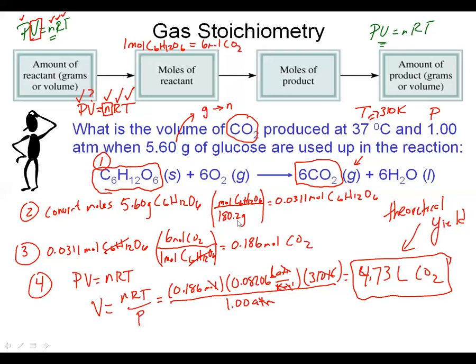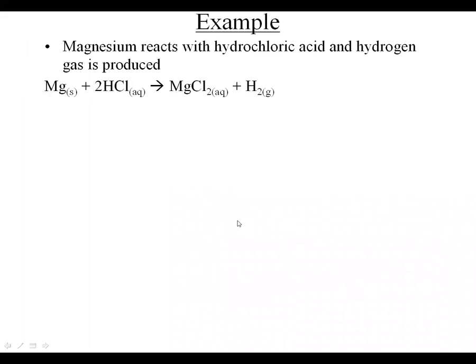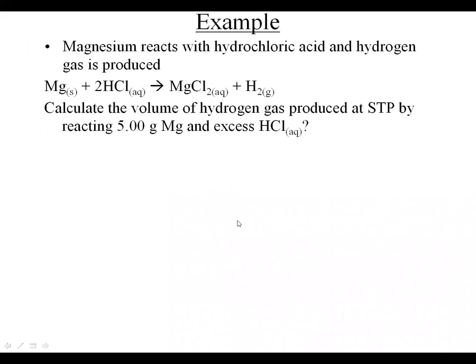Okay, and a reminder, if you do have questions, please feel free to ask them. And I think you have an example here, so why don't you give this one a go? We want to calculate the volume of hydrogen gas that would be produced at STP if we started with 5 grams of magnesium.